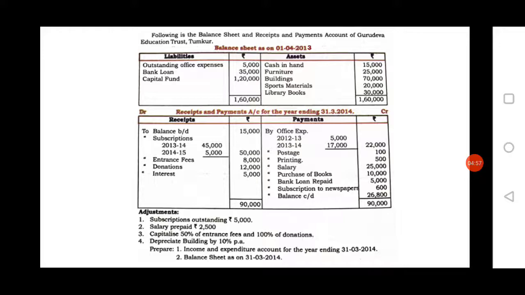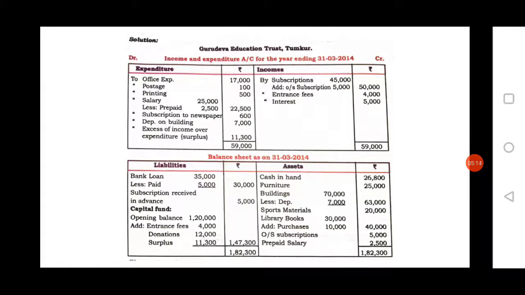You have to consider only the current year subscription received, that is of 2013 to 14, 45,000. Current year subscription received only 45,000. Therefore, that is recurring in nature, revenue received. Therefore, in the income side, by subscription 45,000 you have to record.